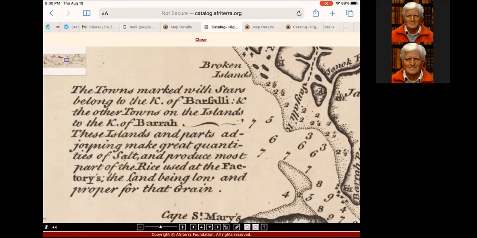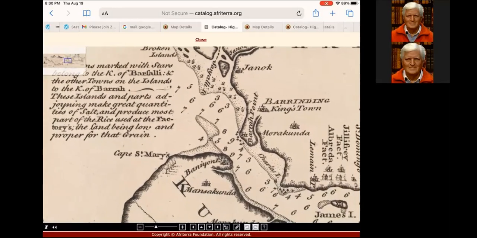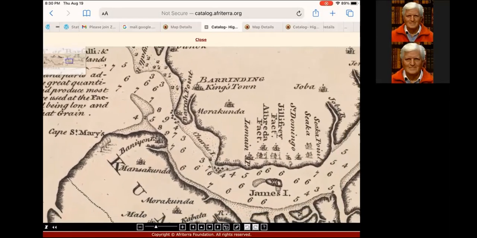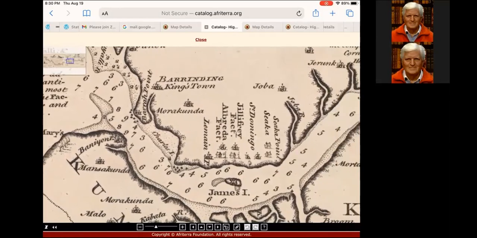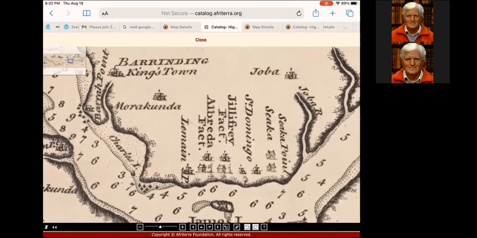Now this is actually a very interesting piece of information. They're producing rice for the factories. What are the factories? Well, the factories are the European establishments all along the rivers that are gaining slaves and stocking them in this offshore island known as James Island. You can see here's the different factories.